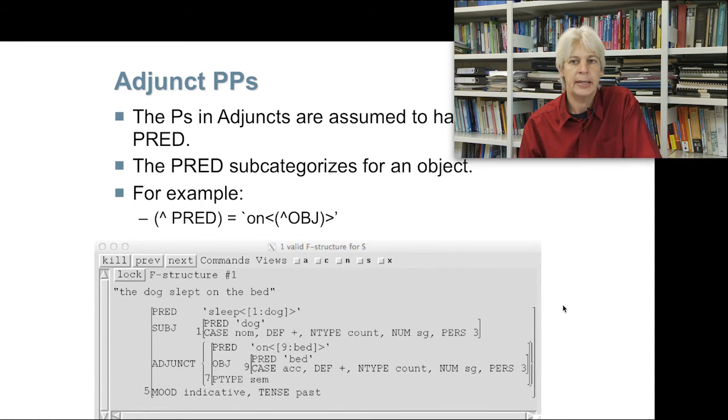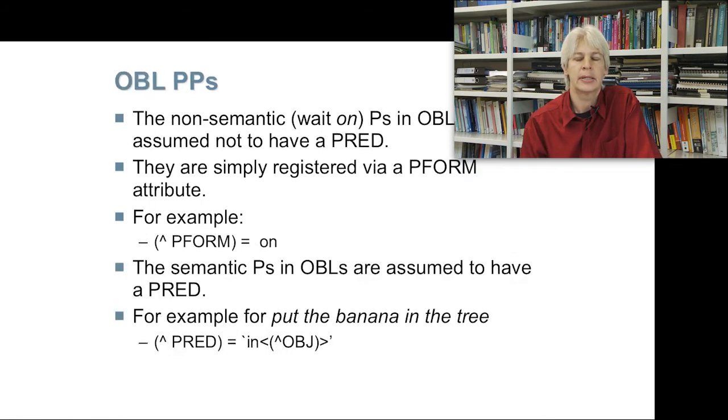The effect of that is that you can have more than one thing as a value for the adjunct. Okay, so these are feature valued sets, and you can have more than one thing in them. That's how that is solved, that you can have multiple instances of everything. You define them to be sets, and then you can have several elements in that set. Okay, let's look at the next thing.